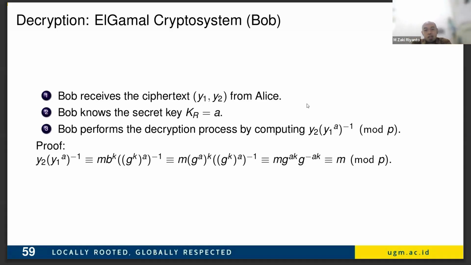Then Bob decrypts the ciphertext by computing y2 times the inverse of y1 to the power of a modulo P. And here's the proof that the decryption function works.